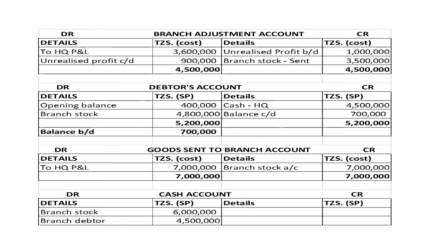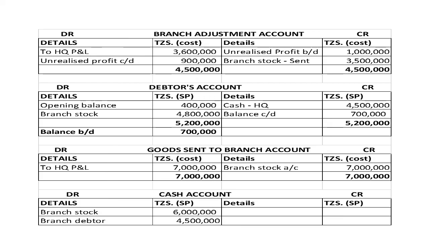So we have unrealized profit of 1 million, the profit loaded in the opening stock. So we have unrealized profit brought down corresponding to opening stock at the branch. Remember that the stock was 2 million at cost, but those goods were sent with a 50% markup, so the unrealized profit for that opening stock was 1 million.